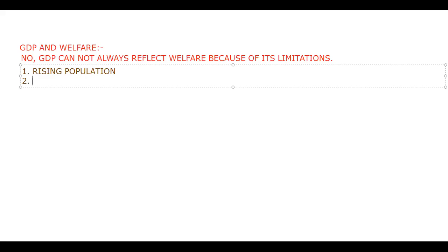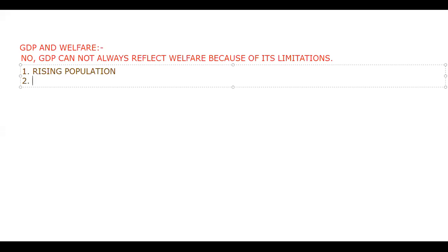So rising population is one of the points where we say it is a limitation for the welfare of the GDP. GDP cannot show us the welfare if the percentage rise in population is even more than the percentage rise in GDP.